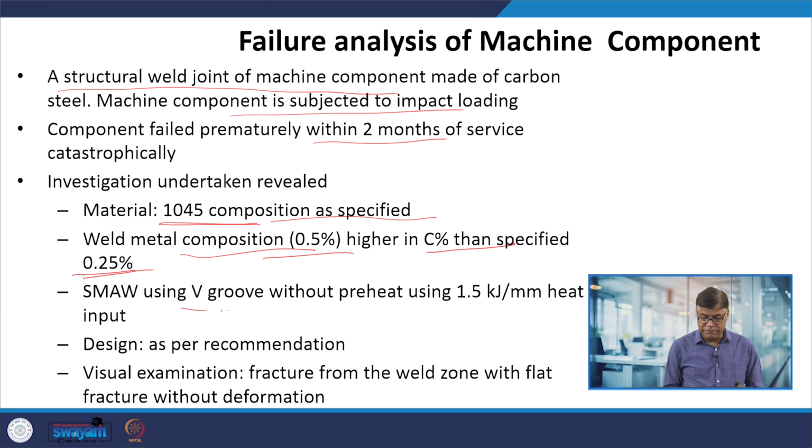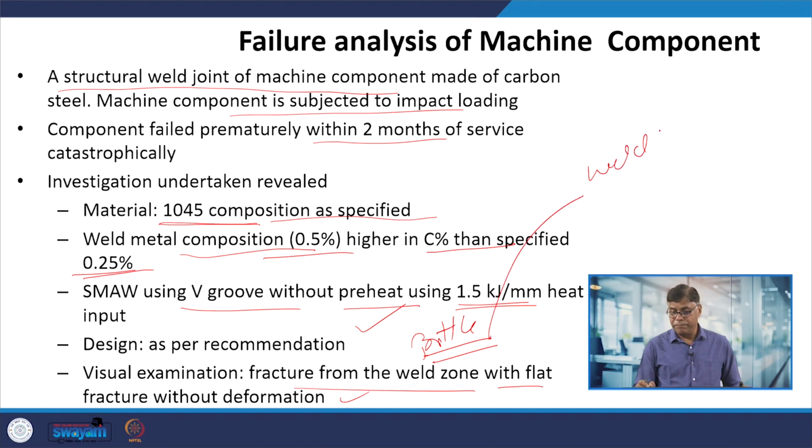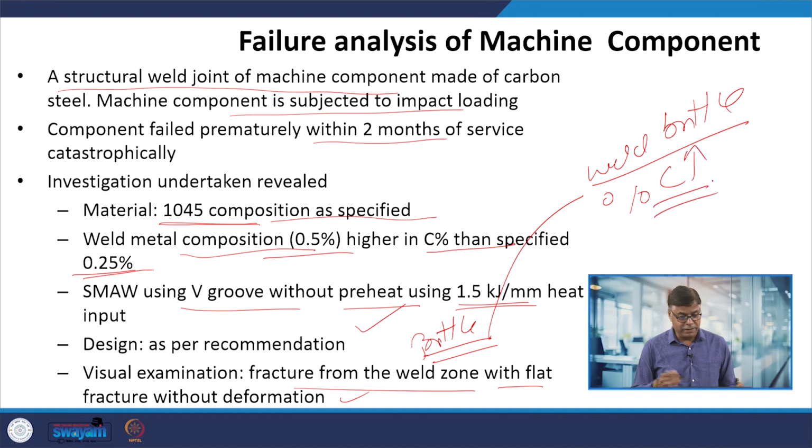Welding was done by developing a V groove, without any preheat and with use of 1.5 kilojoule per mm heat input. Design was as per recommendation, and visual examination of the failed weld joint showed the fracture from the weld zone with a flat fracture without any deformation. So, this is indicating a brittle fracture. Means the weld is brittle, this is one observation. And another one is the high carbon percentage, the carbon content is higher than the recommended one in the weld metal.